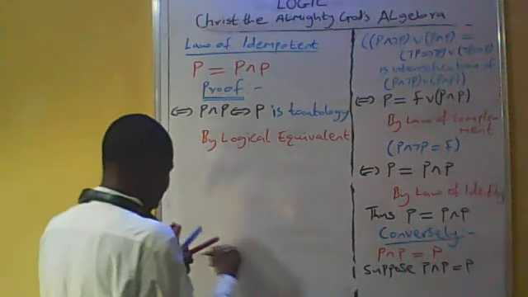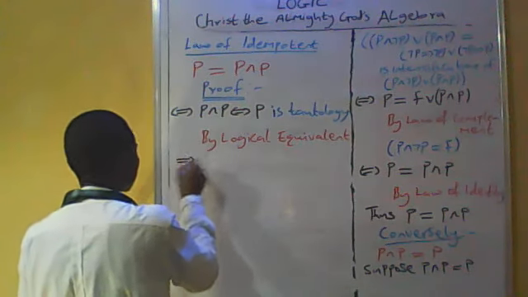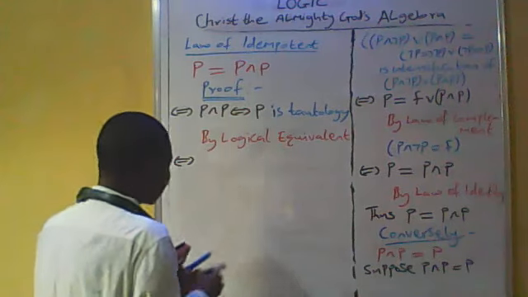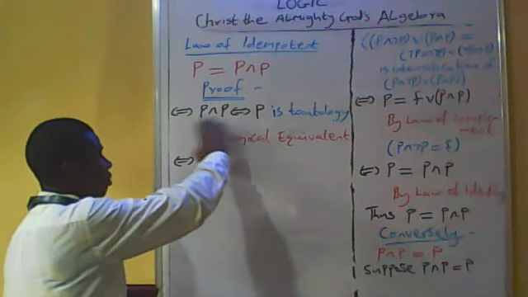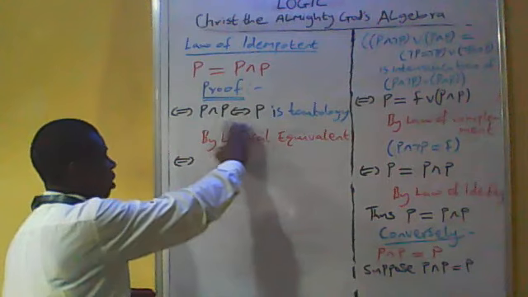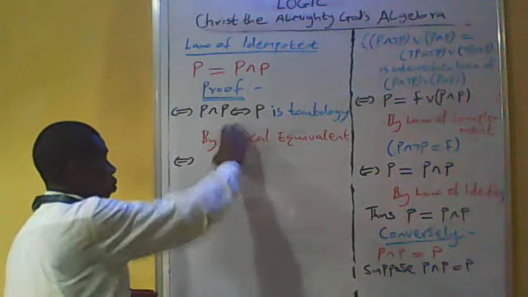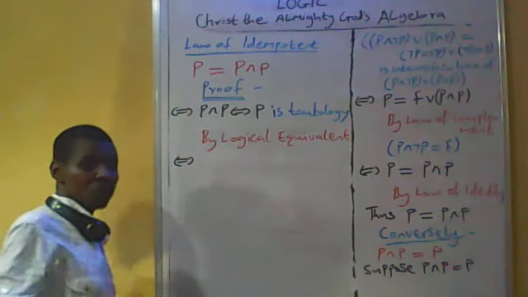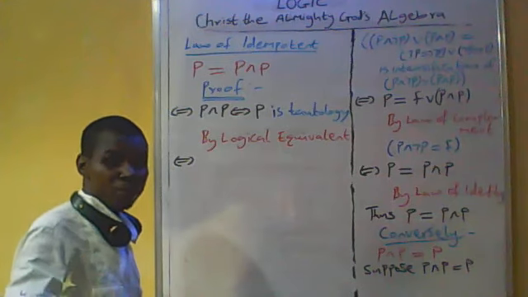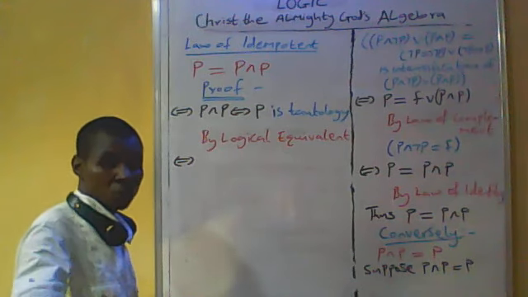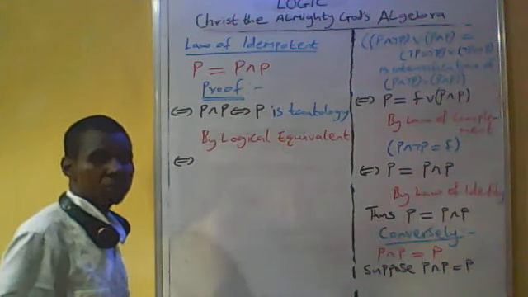So if and only if, see, this statement is a tautology, that means P and P if and only if P is a tautology. We are also going to transform it to a conditional statement and it will still preserve tautology.